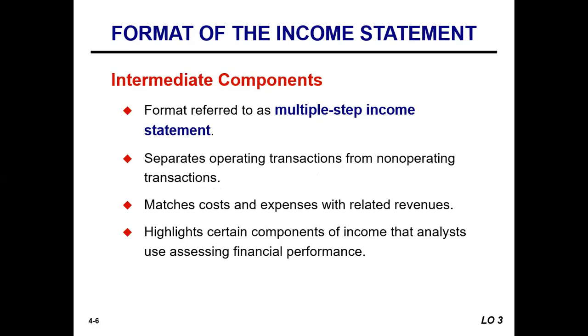So revenue from operations and income from operations has a higher value or is viewed as more important to investors, right? Because that's our main operating activities. But then we also want to look at some of these peripheral or incidental transactions with gains and losses and discontinued operations and things like that.